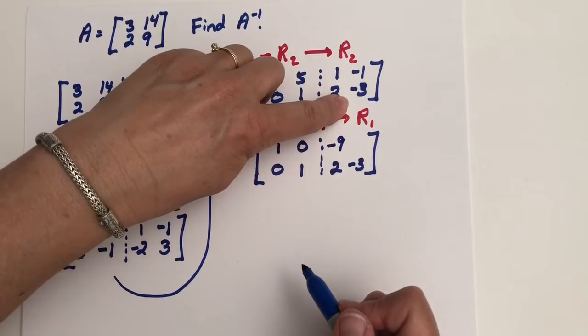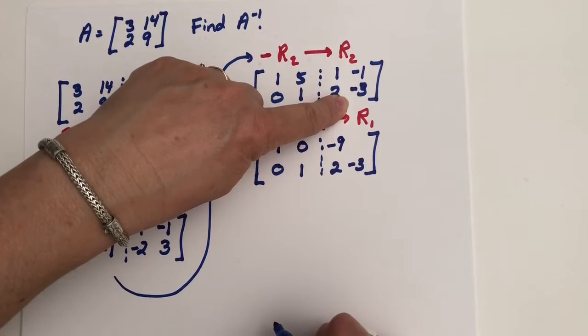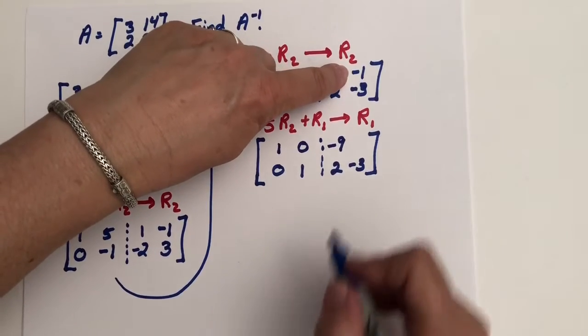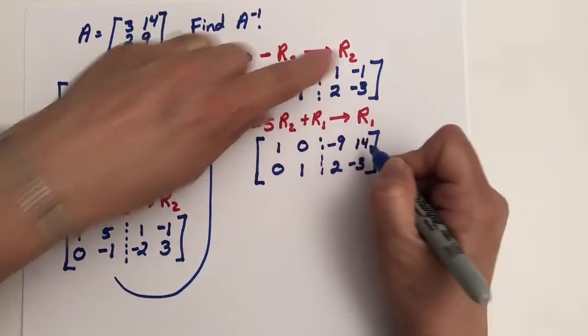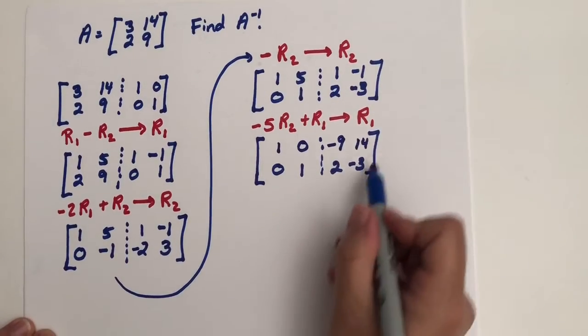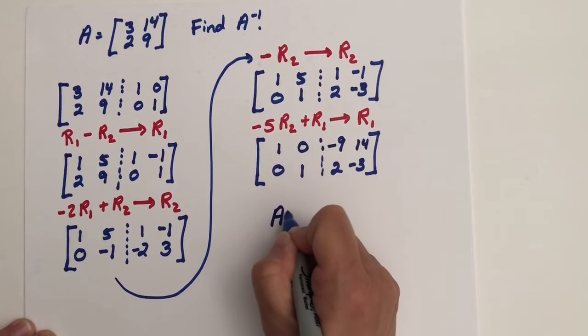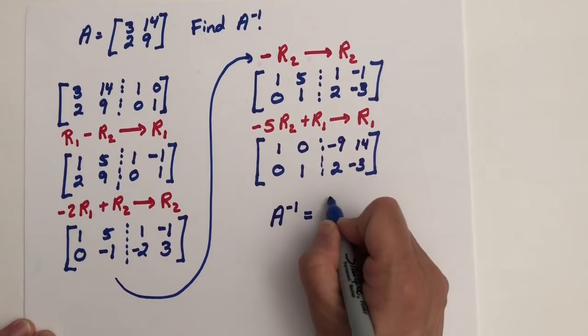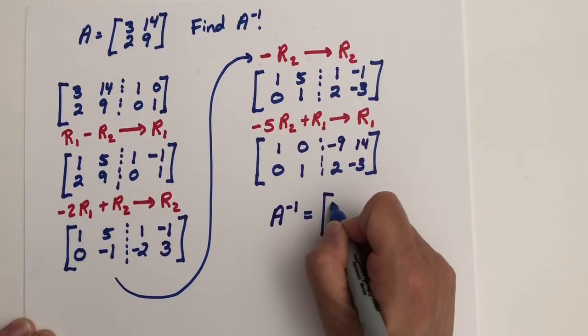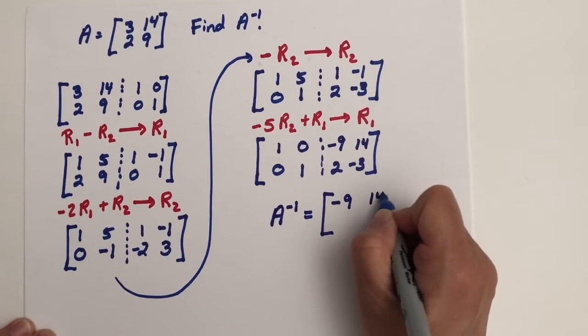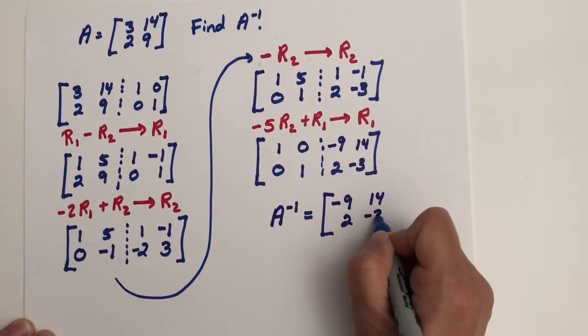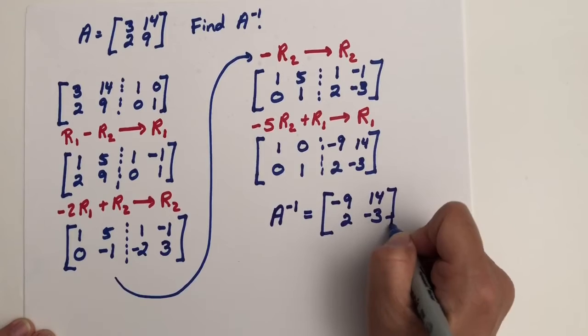Negative 5 times negative 3 is 15, plus negative 1 is 14. So we now know we have the inverse of A. So A inverse is equal to negative 9, 14, 2, negative 3.